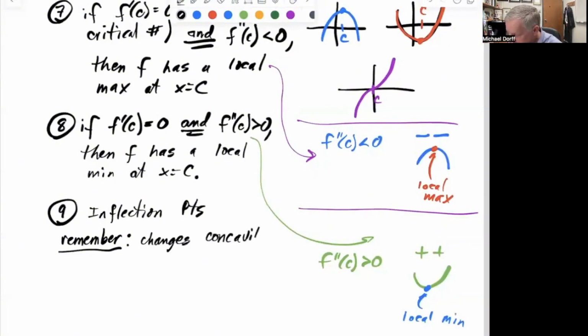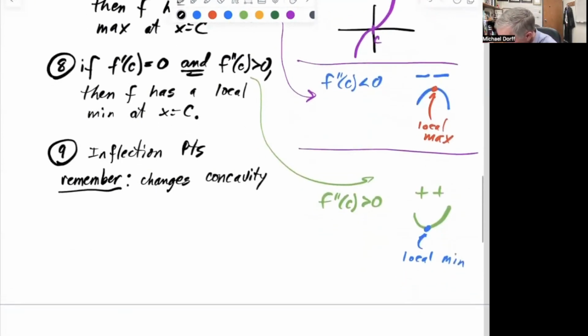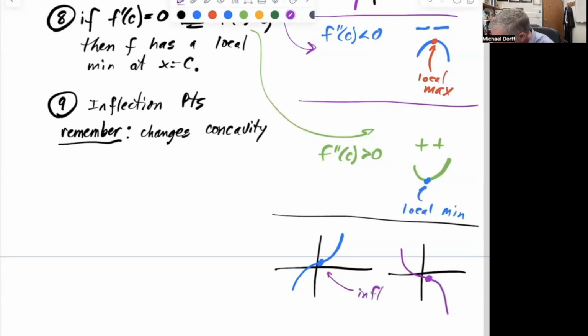Let me redo that. If I have my function here, it's going to look something like this. That's an inflection point, going from concave down to concave up, or you could have this where it's going from concave up to concave down. Those are inflection points, either one of these.